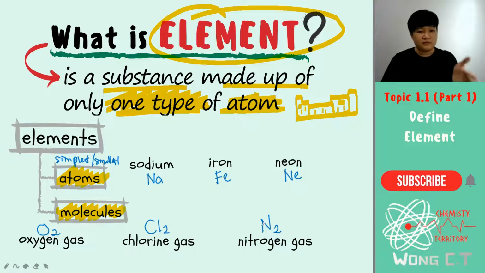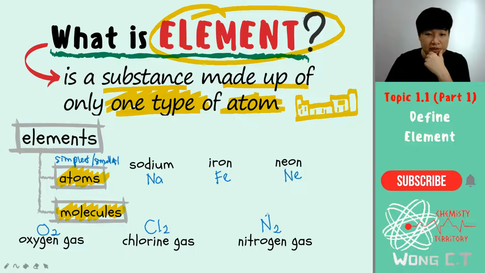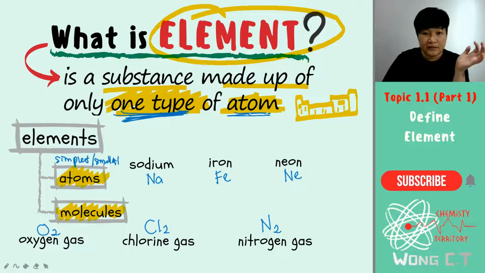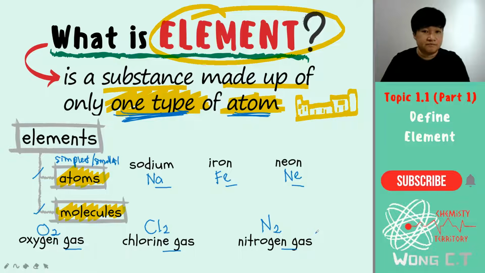Combine nitrogen atom with nitrogen atom. So an element must be the same type of atom, one type of atom only. Okay, that is an element. And an element can be in atom form or in molecule form: atom when you only have one thing, molecule when you have combined atoms, but must be from the same element.